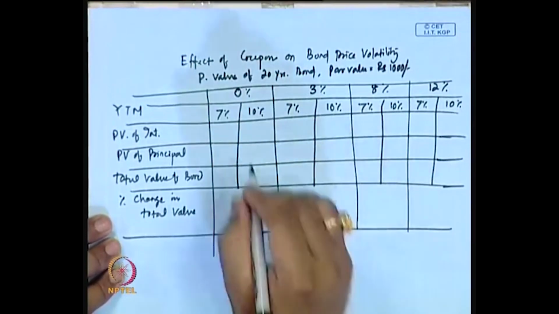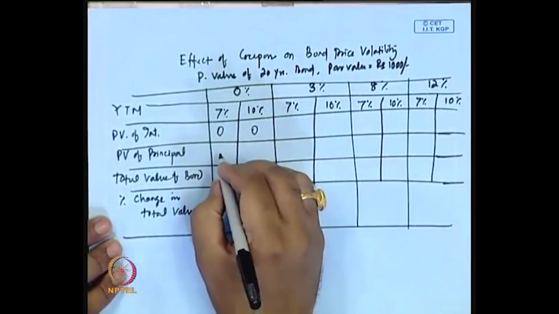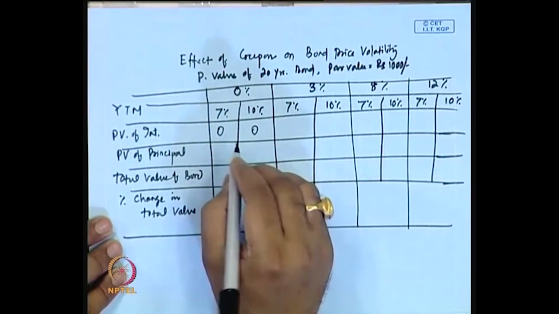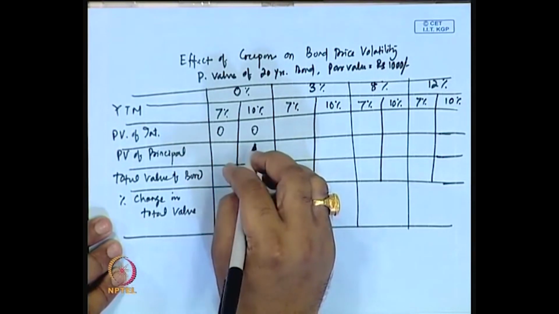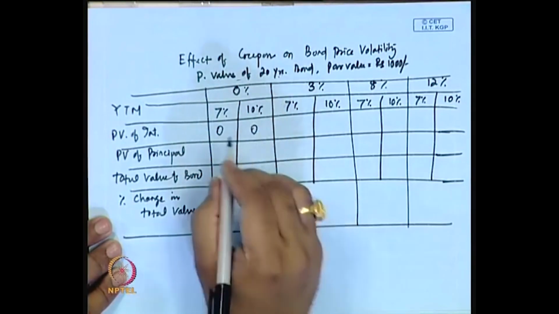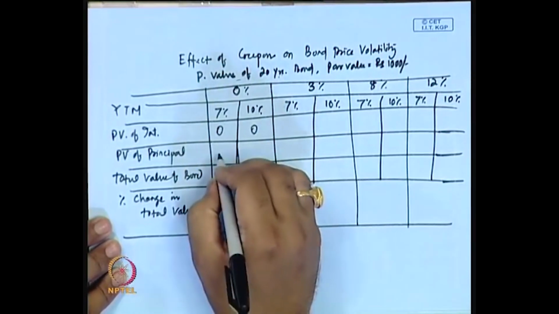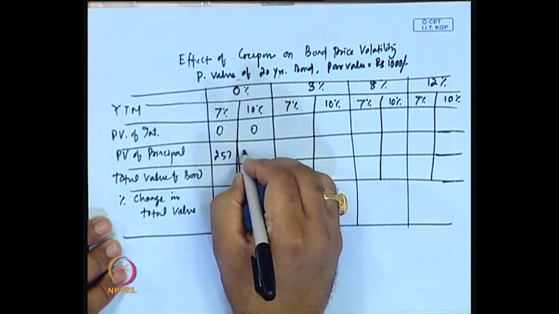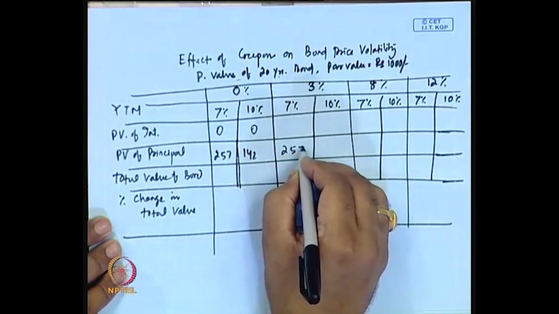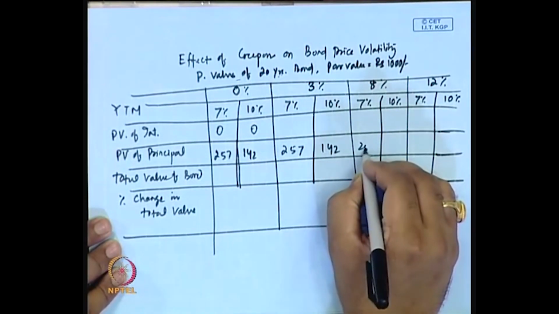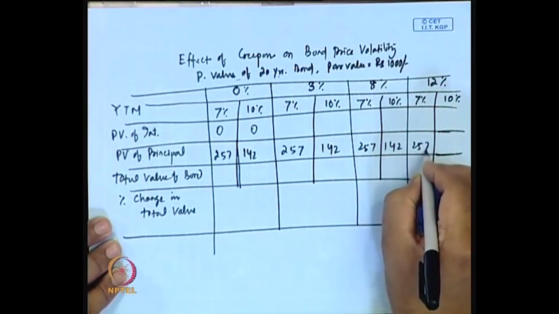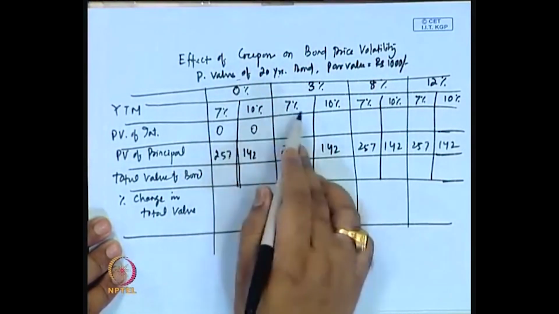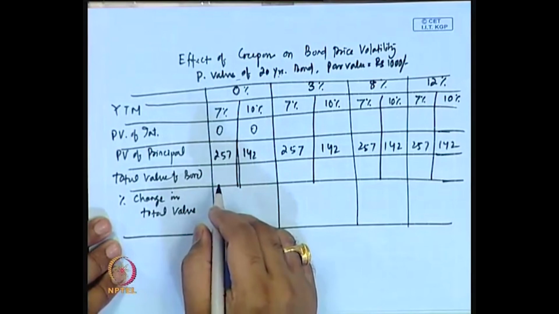Here it is 0, there is no coupon. The present value of the principal for the 0% coupon, for 20 years, since we have taken a 20-year term to maturity, will be 257 and 142. Everywhere it will be the same, 257, 142, 257, 142, because we are only taking the 20-year bond, where the rate of interest is 7% and 10% respectively.